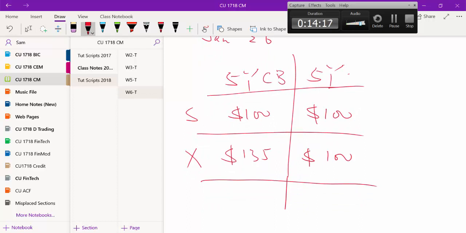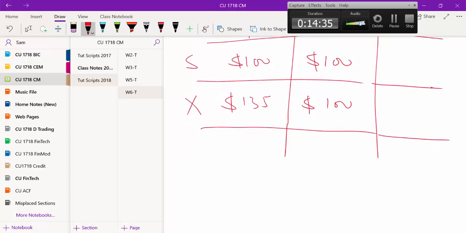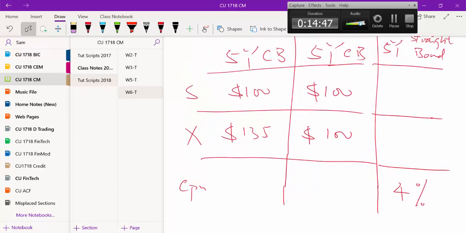5-year CB, 5-year CB. So let's say you think of a 5-year straight bond. A straight bond means it's the plain old-fashioned, boring vanilla bond, okay? And let's say for that one, they pay a coupon of, let's just say 4%, okay? Now, what do you think will be the coupon of this bond?